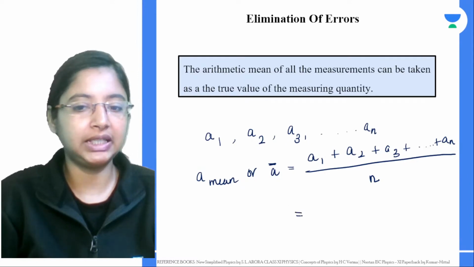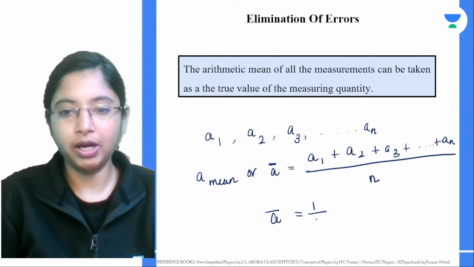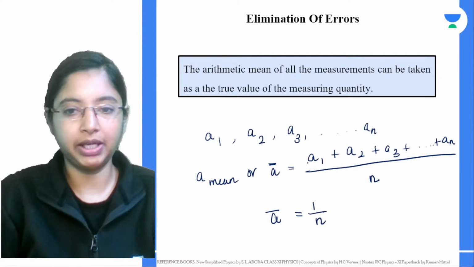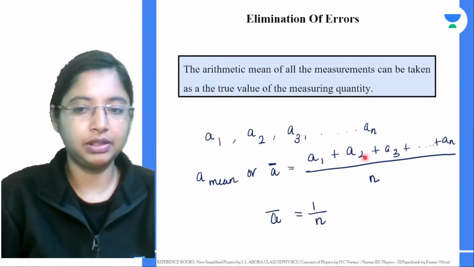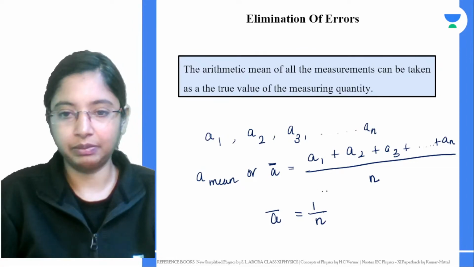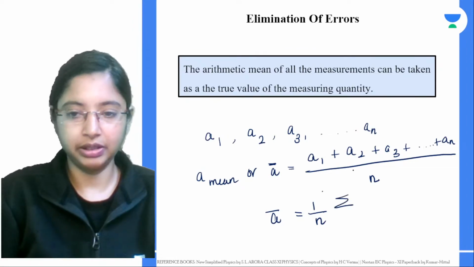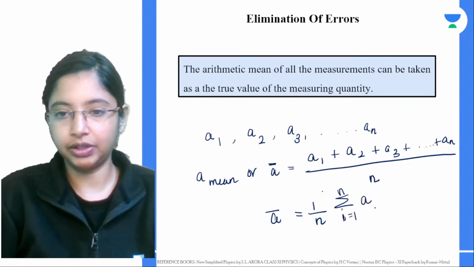If I want to write it in a more generalized form, I can write this as 1 by n, taking 1 by n common, times A1 plus A2 and so on. You can write this as the summation from i equal to 1 to n of Ai.